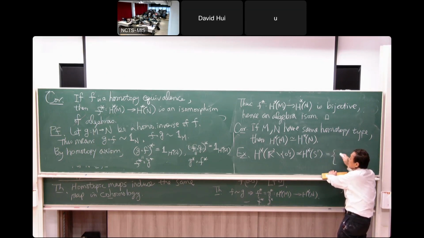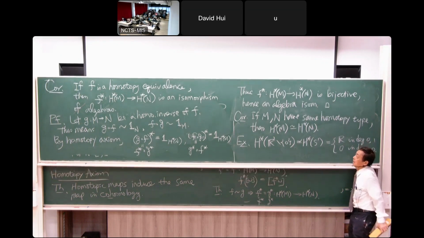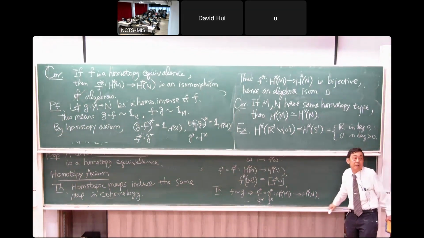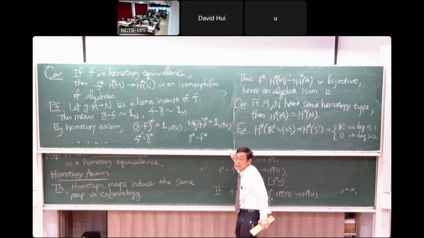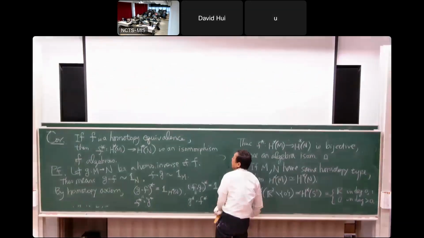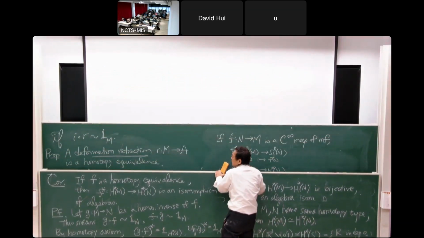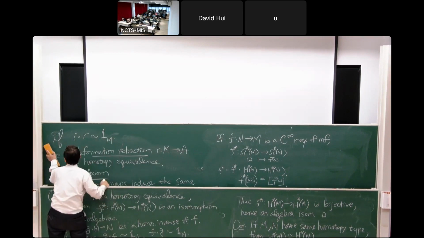It's R in degree 0, 1, and 0 in degree greater than 1, okay? And suddenly, we now know the cohomology of a lot of spaces, okay? So for example, what is the cohomology of R^n?